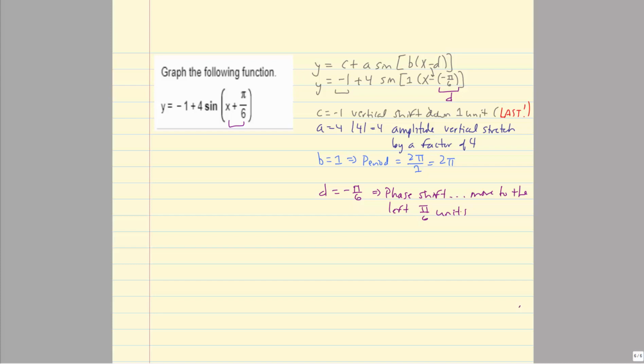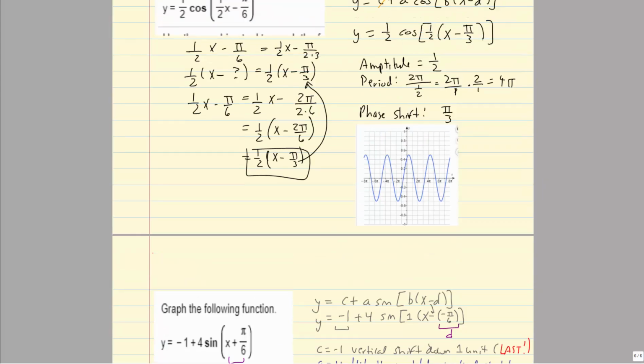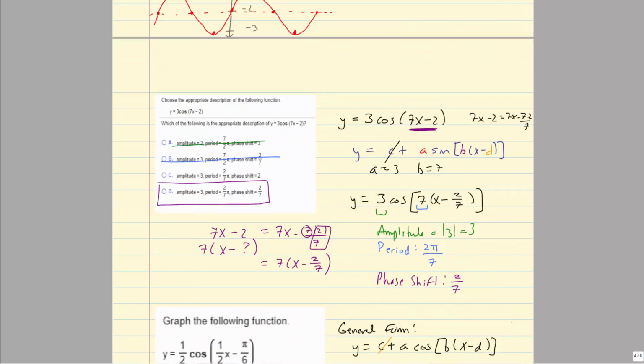So we have a lot of information here. It would be really hard to graph this just if we started trying to plot some points. So we're going to use the 4-step method. And then we'll graph it from there. So the 4-step method, step 1. Step 1, if I remember correctly, let's go ahead and go all the way back up to the top here.